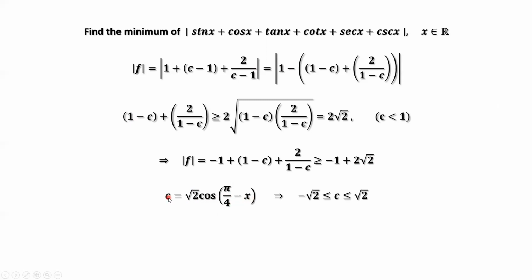Therefore, the c value is between square root of 2 and negative square root of 2, because the maximum value for cosine is +1. The minimum value for cosine is -1. We only need to find the c value inside of this interval such that absolute value of f is equal to -1 plus 2 times square root of 2.